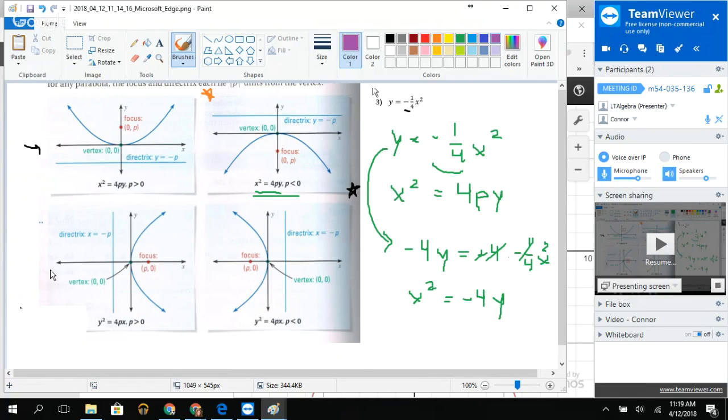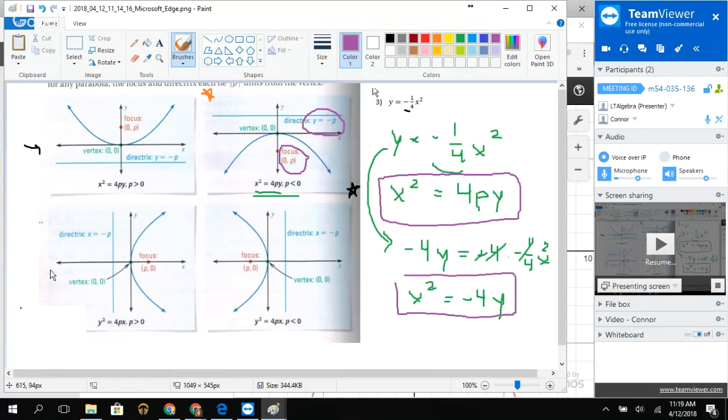Okay, so now the equation I'm trying to match and my equation look like each other. And I need to figure out what this value of p is, because p tells you where my focus and where my directrix are. So I know that this negative 4 has to equal 4p. So 4p equals negative 4, or p equals negative 1.